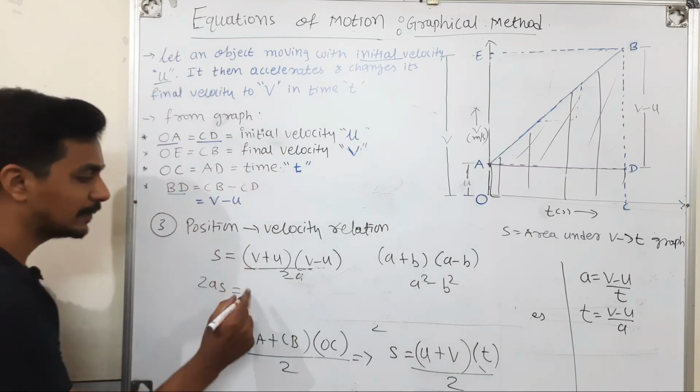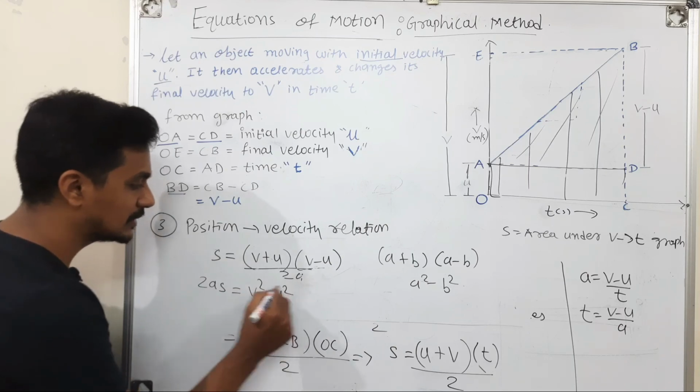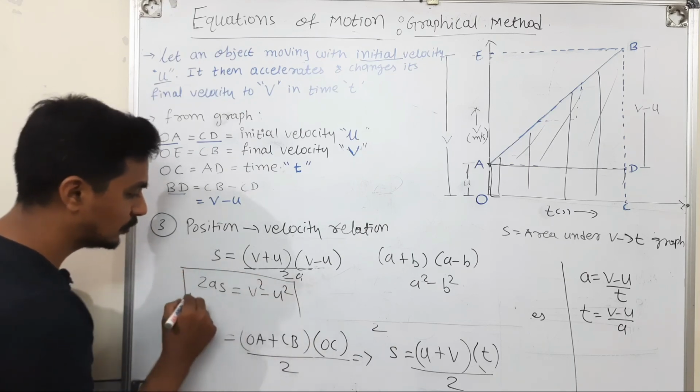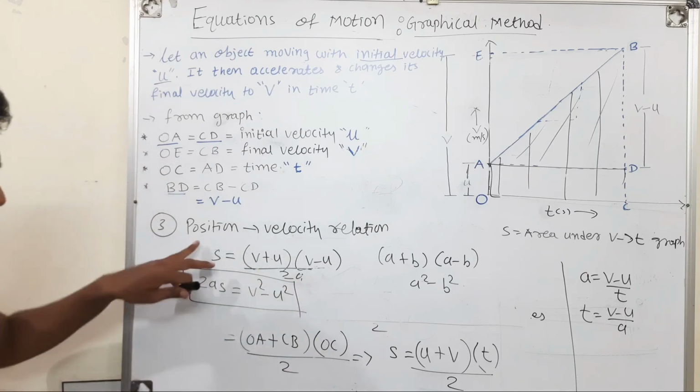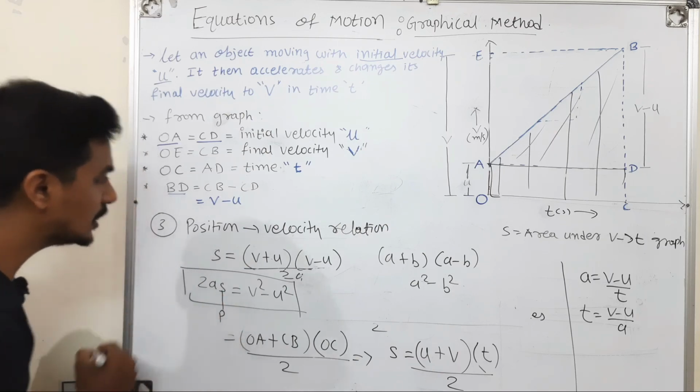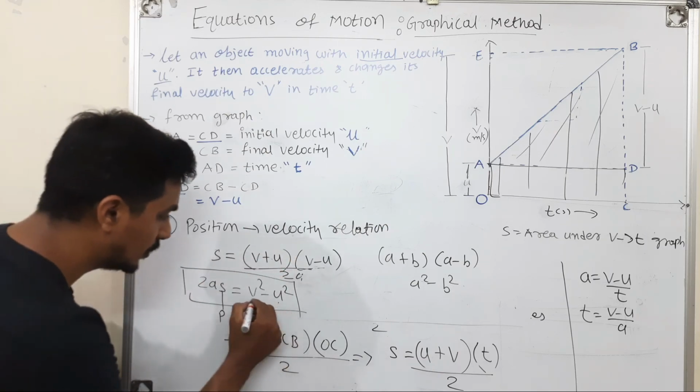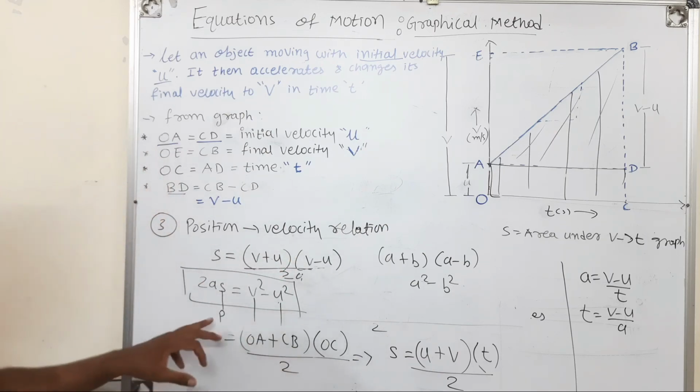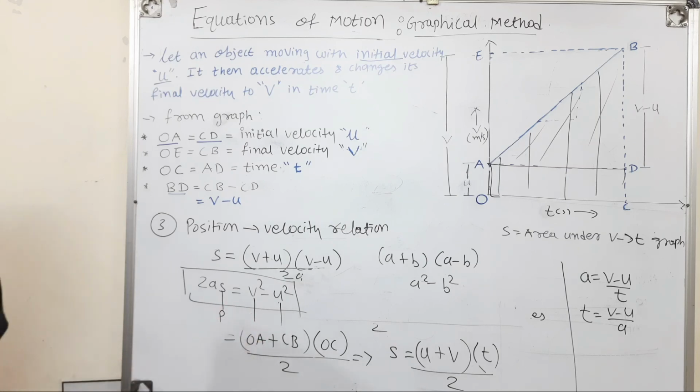So here I can write V square minus U square. So this is the final equation, with position on one side and velocities on the other. This equation is known as the position velocity relation.